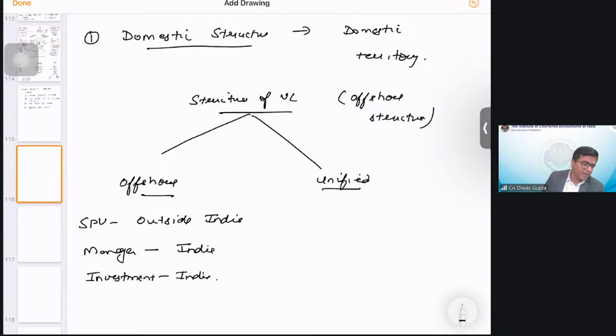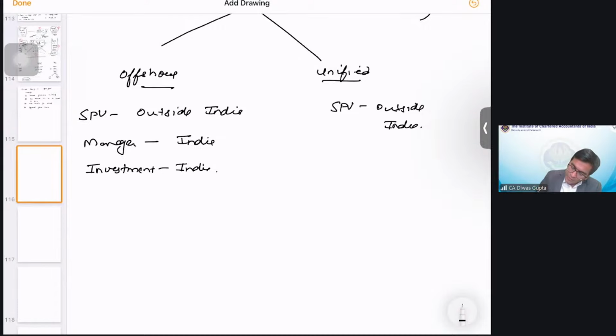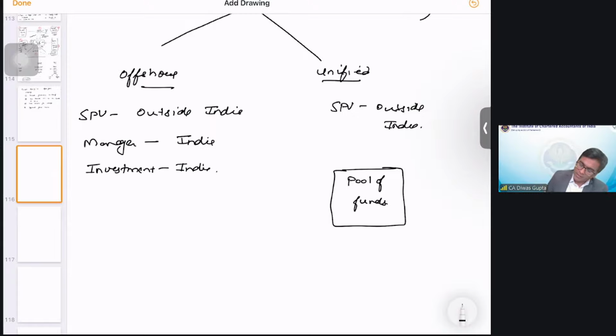In case of a unified structure, the SPV is outside India and there is a pool of funds. There is a pool of funds in which investments happen.